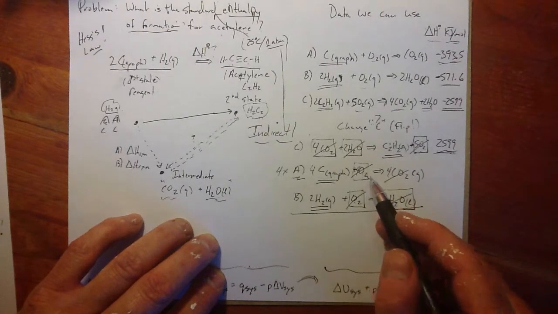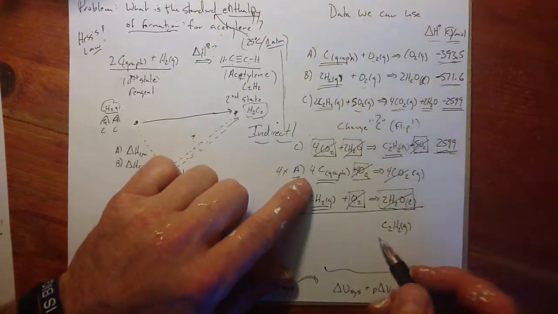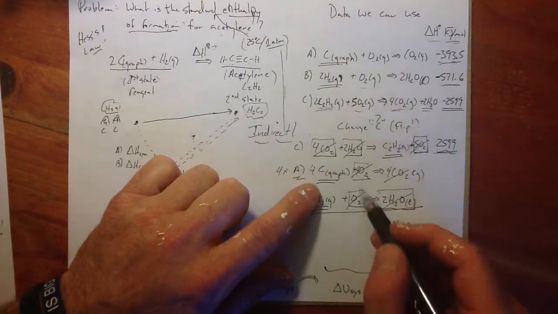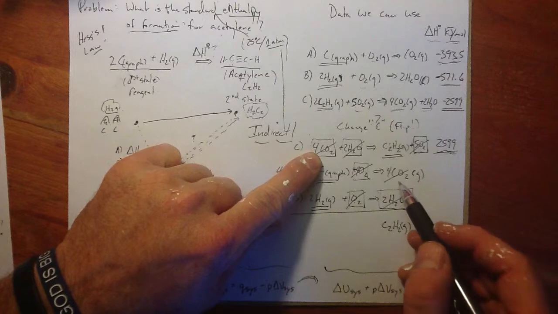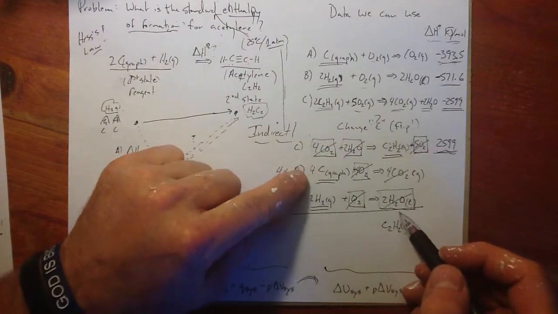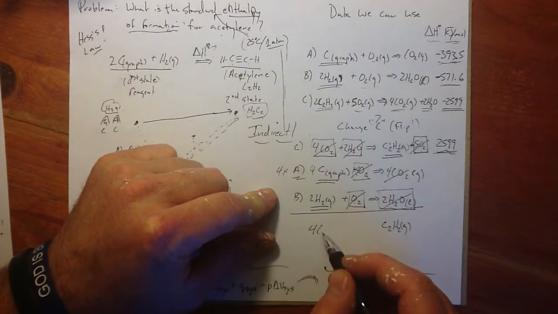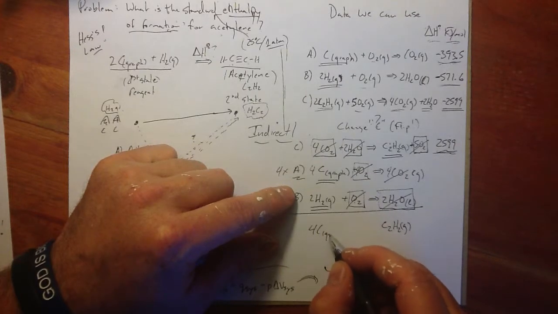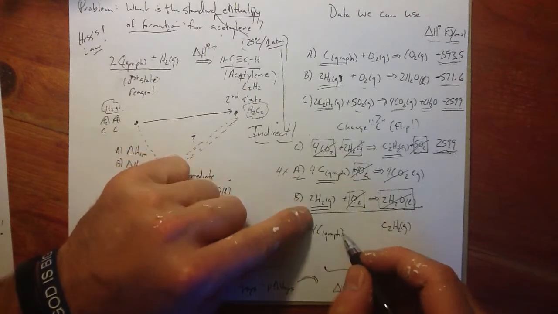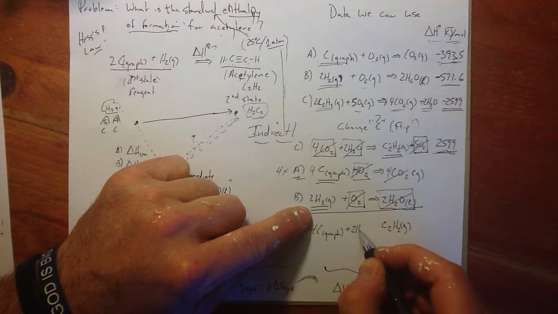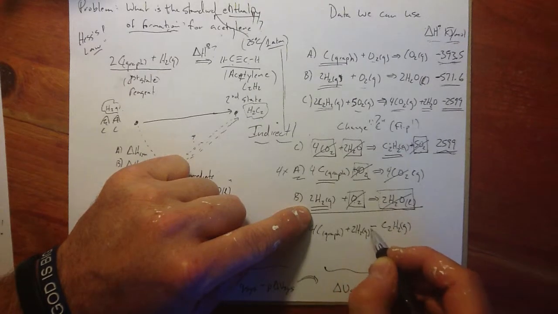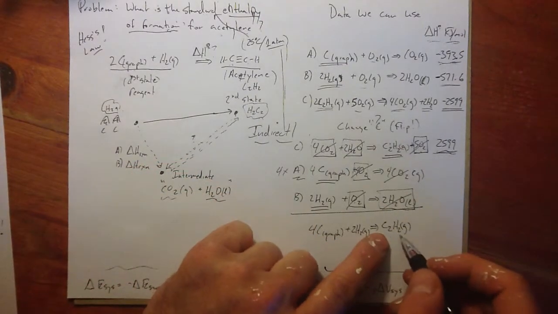That canceled out. So we can say, okay, that's canceled out, the oxygens, and the carbon dioxide canceled out, and the water canceled out. So all I'm left with is 4C, graphite form, plus 2H2 gas form, gives us C2H2.